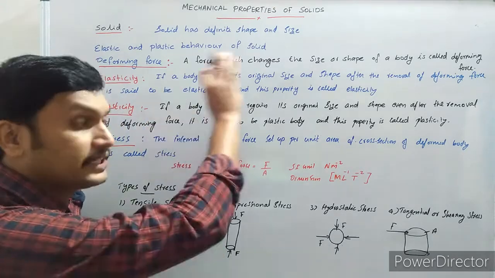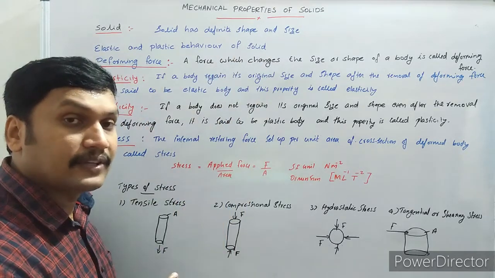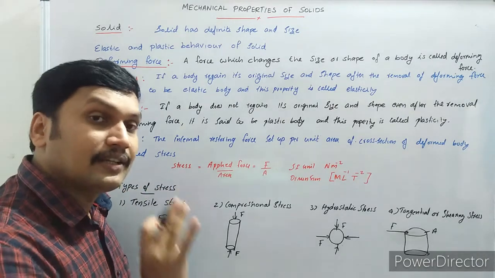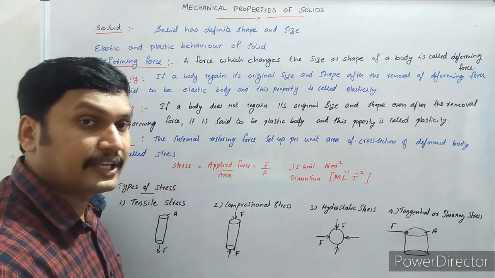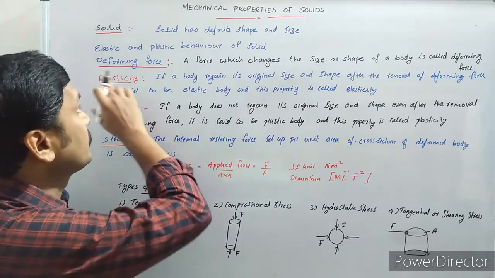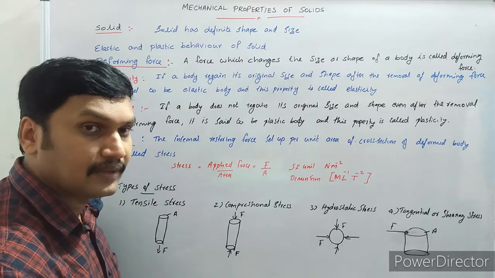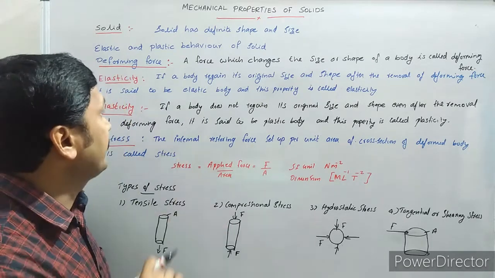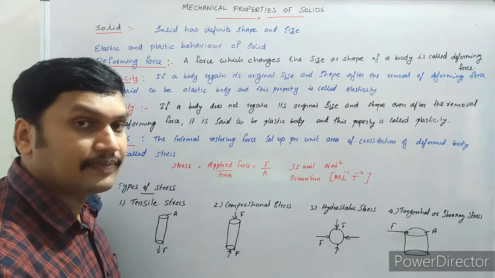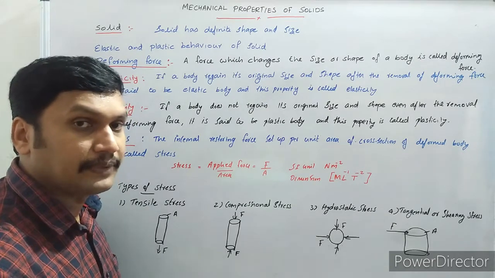So we learned that the size and shape of a solid can be changed. Even though solids are rigid, the size and shape of a solid can be changed by applying an external force. Such a force is known as a deforming force. And solids can be classified into elastic material and plastic material, elastic body and plastic body.